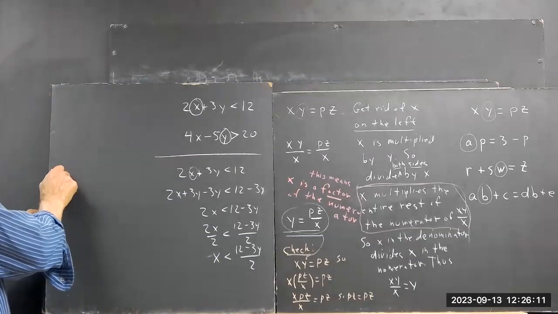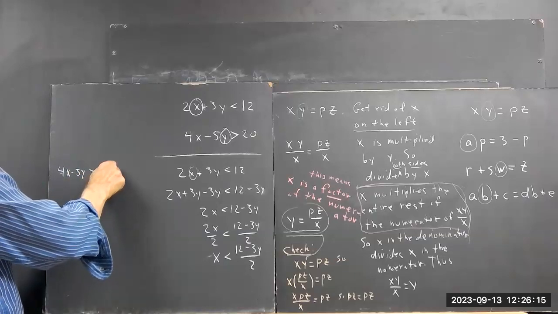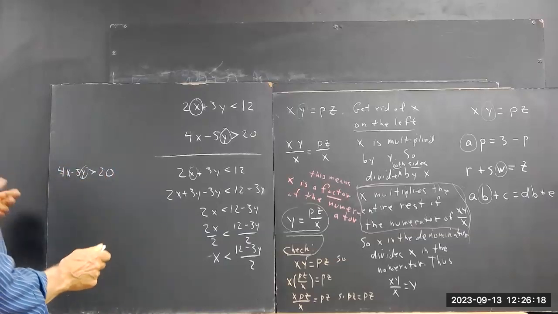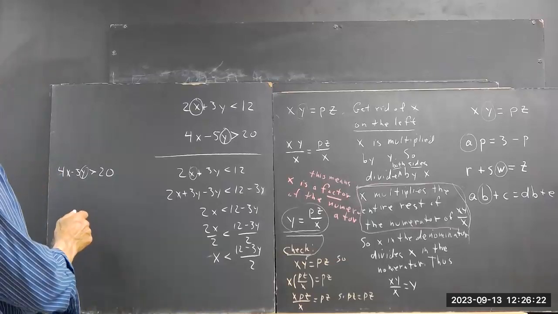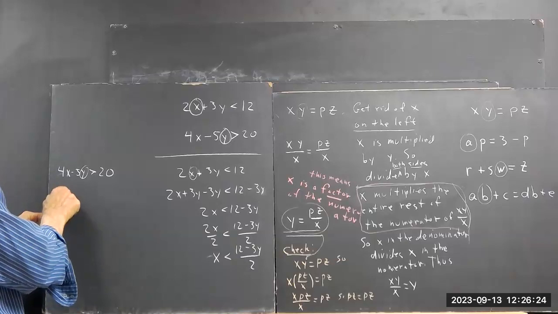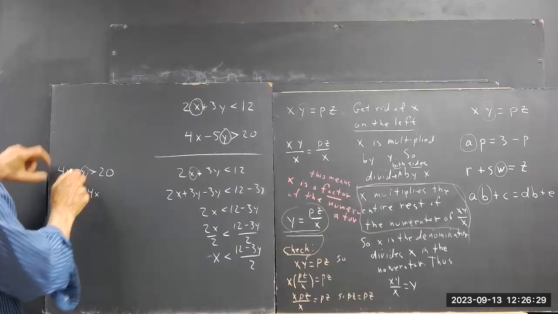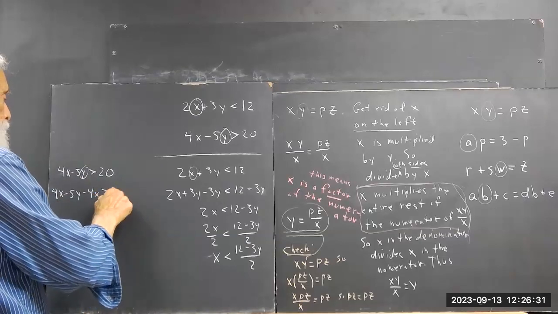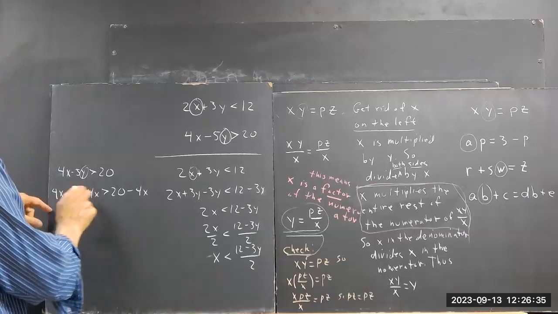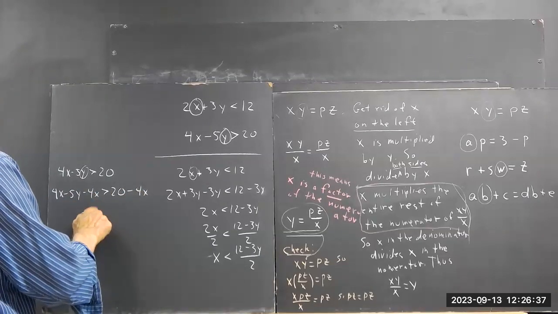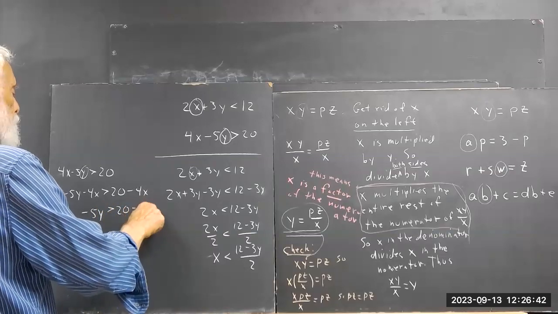Okay. The other one. 4x minus 5y greater than 20. We're going to solve for y. I just write down this side with a minus 4x. I write down this side with a minus 4x. 4x minus 4x is 0. We have minus 5y greater than 20 minus 4x.